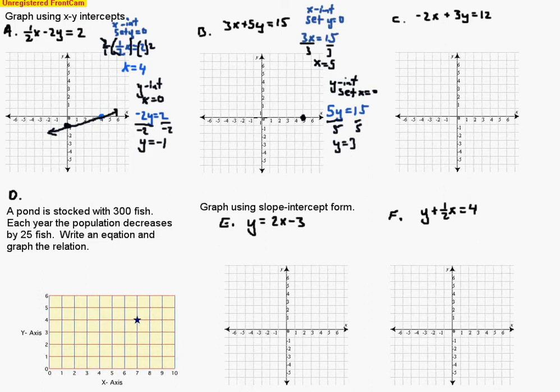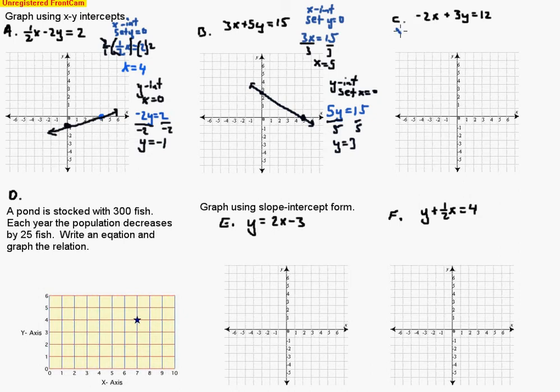So up 3 spaces from the origin, and then we put a dot. And now we've got 2 points where we can draw a line through. So again, it works real well as long as x and y are on the same side, like they are here.